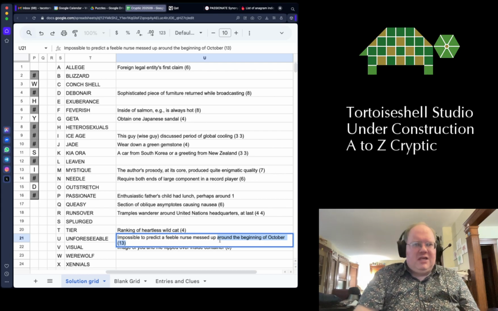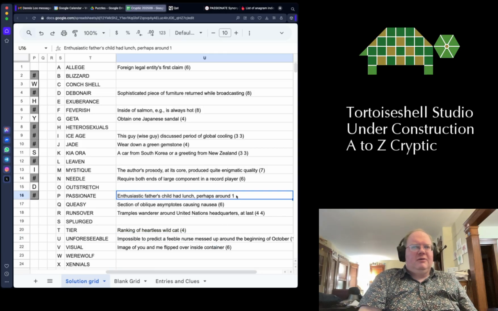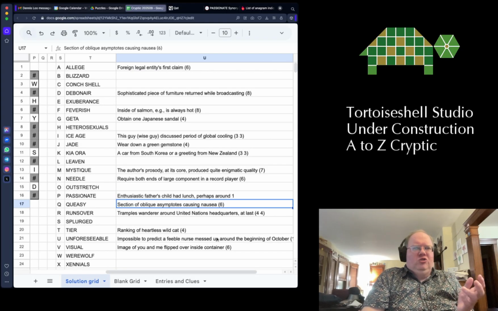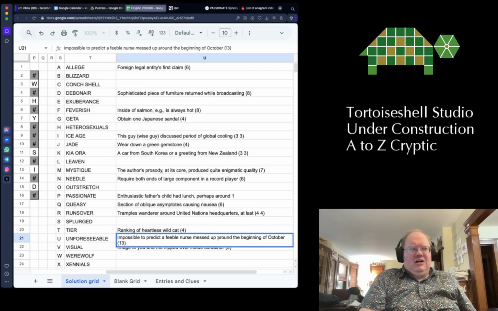So I think maybe perhaps around. So I like this. Had lunch perhaps around one because one is a time that you would have lunch, which means that I would want to change how I'm inserting an O into unforeseeable.